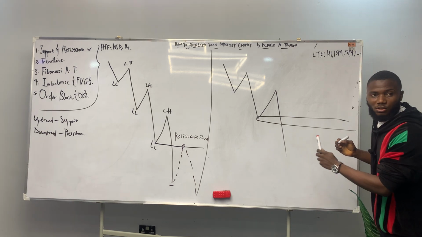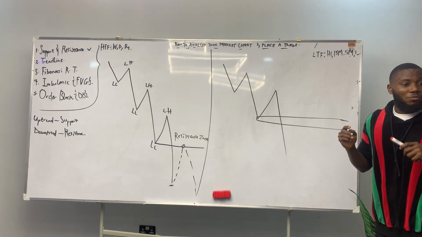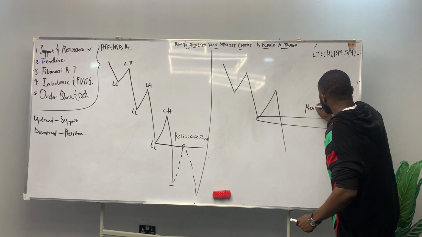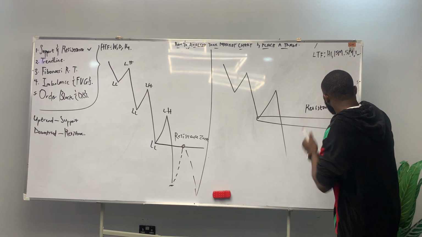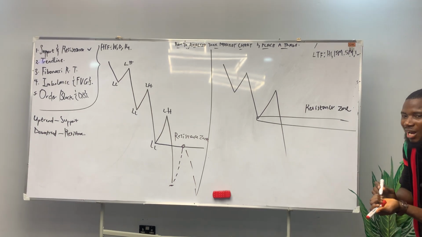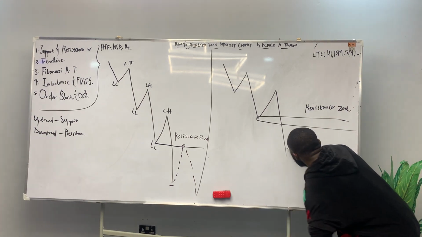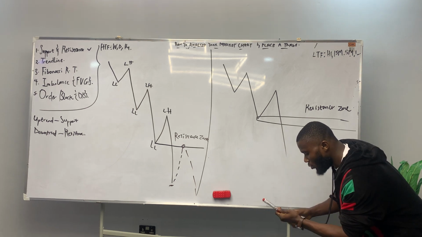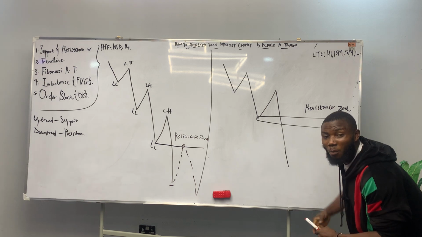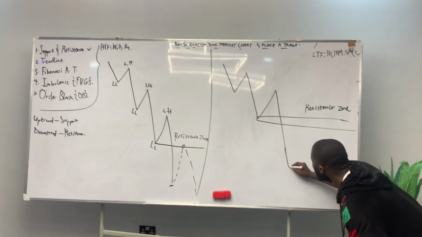Because in the lower time frame, it will be big, right? This resistance zone. So I will now wait for the market. In the lower time frame, if it's coming back, it will be forming like this.